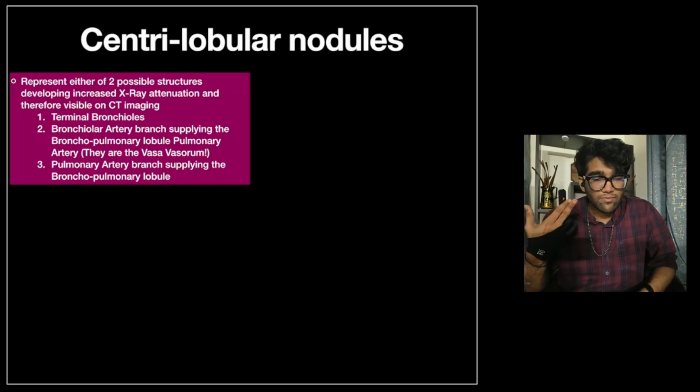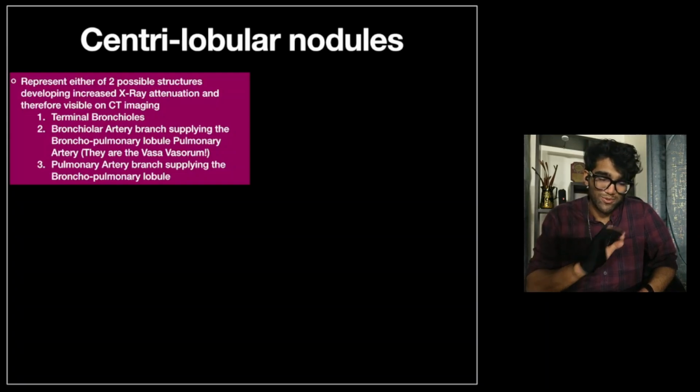But that is because bronchiolar arteries are actually supplying the vessel wall of the pulmonary arteries, and therefore it would cause inflammation in the pulmonary arteries. So we could have involvement of the terminal bronchioles, or of a pulmonary artery branch, either directly due to vasculitis or inflammation within its wall, or secondary inflammation due to inflammation in the vessels that are supplying its wall.